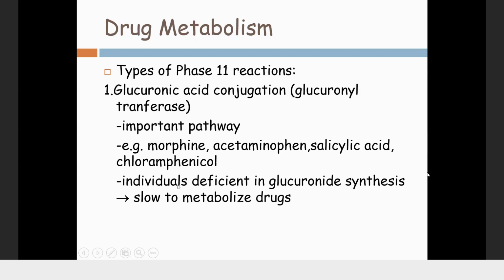Individuals deficient in glucuronide synthesis will be slow in metabolizing drugs. If they cannot produce glucuronide, they will have problems metabolizing many drugs.